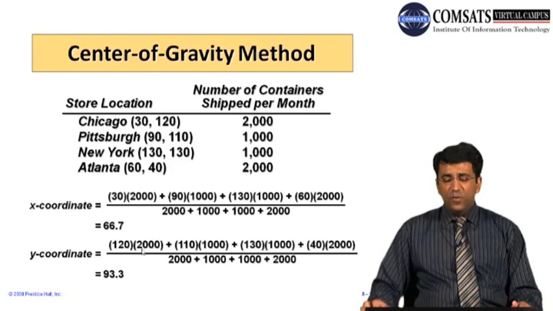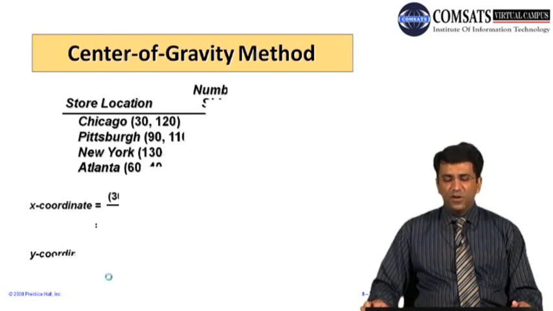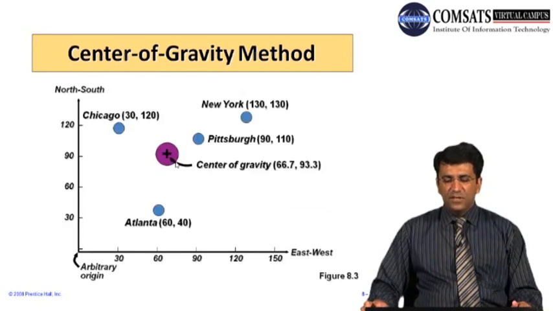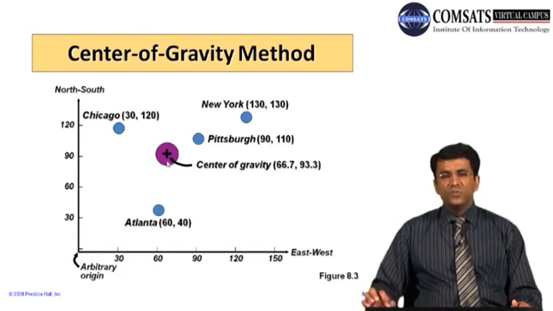So students, again we will have to plot this x coordinate and y coordinate on this graph. As you can see, this is the particular point, that is the center of gravity actually. These are the x and y coordinates we have just computed. Now it means if you want to operate for these 4 locations and you want to minimize your cost, this will be your best location in order to distribute the products.